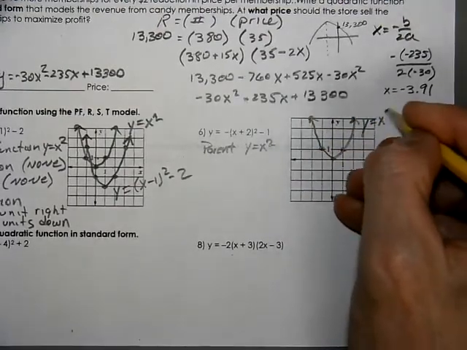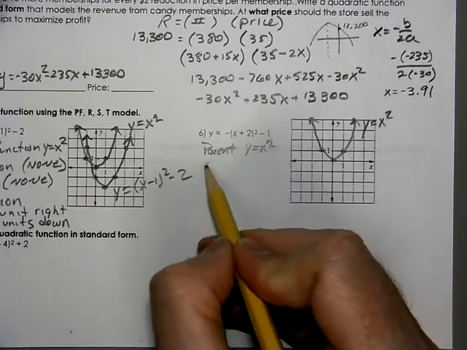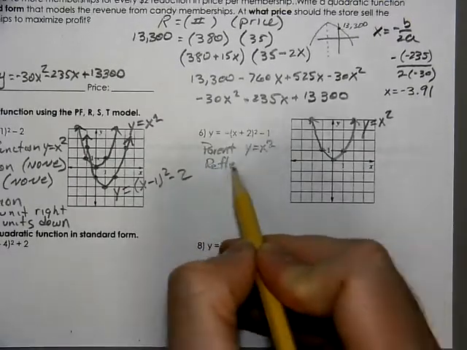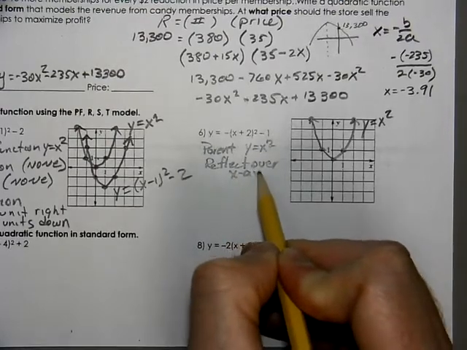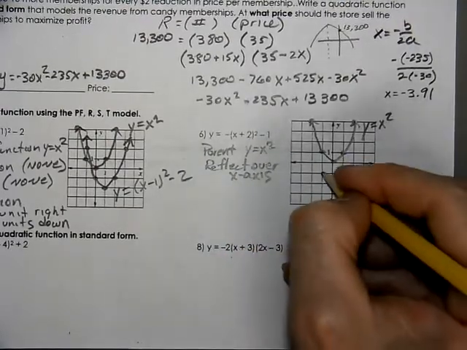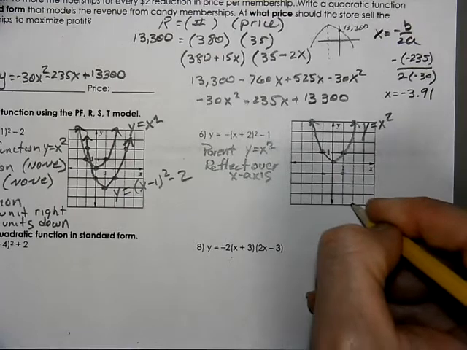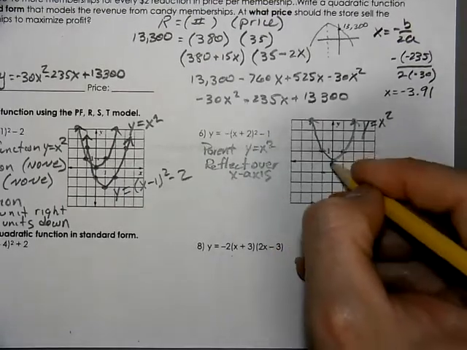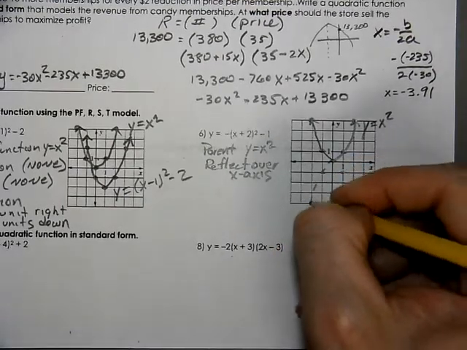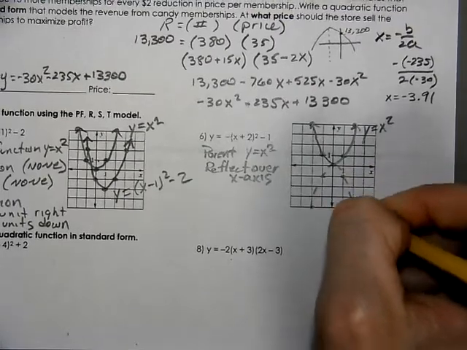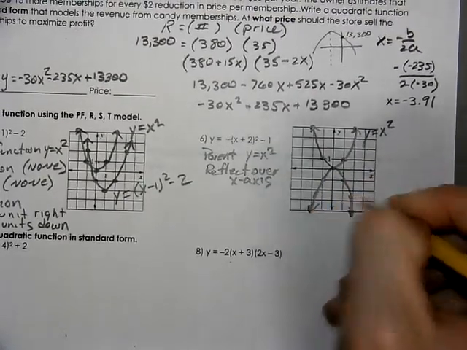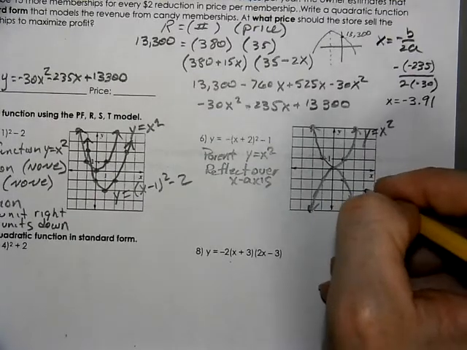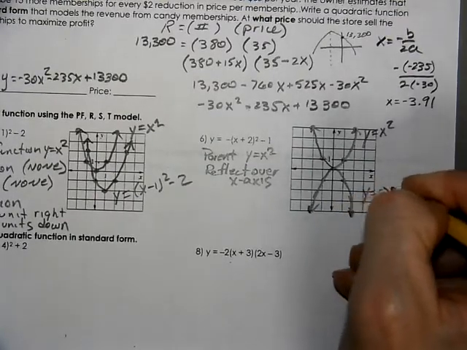So we label that on our graph. Reflect over the x-axis, which means you're going to open it downwards, which is y equals negative x squared.